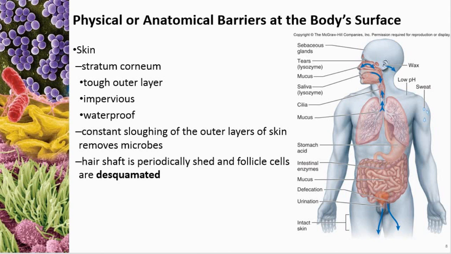And the hair cells are sort of similar to that because they actually die and just what's left over is the keratin. Anyway, it just means that your hair is shed. When you sweat, it also sort of washes the microbes out of the sweat glands and off of the surface of your skin as well.